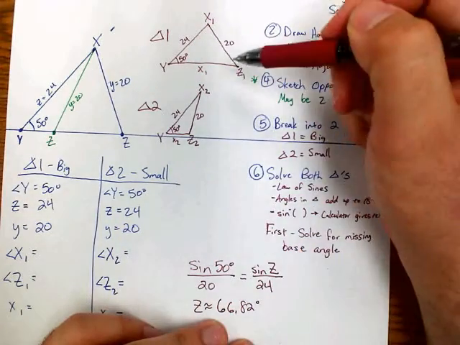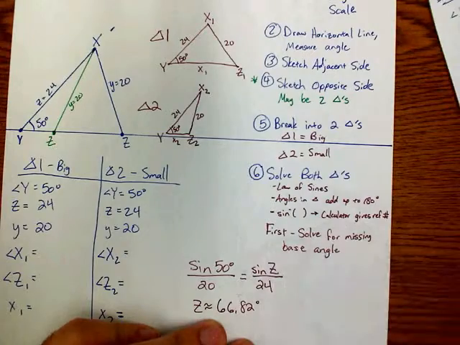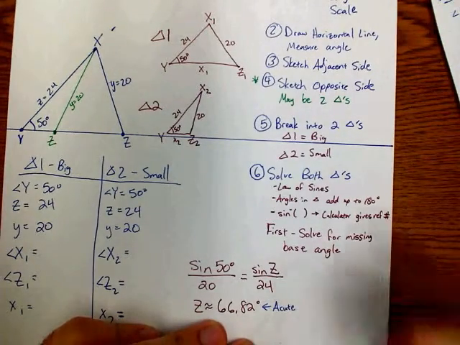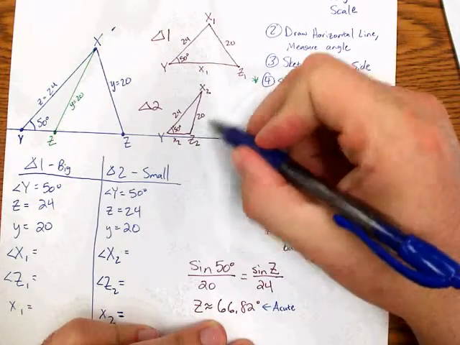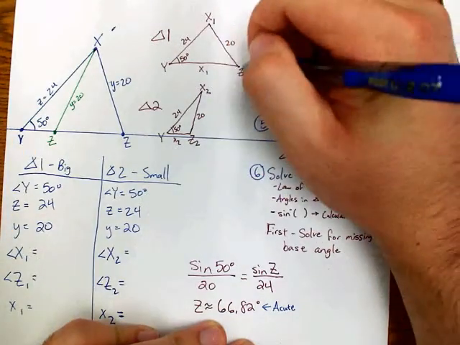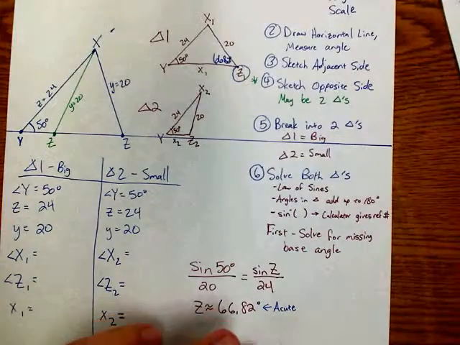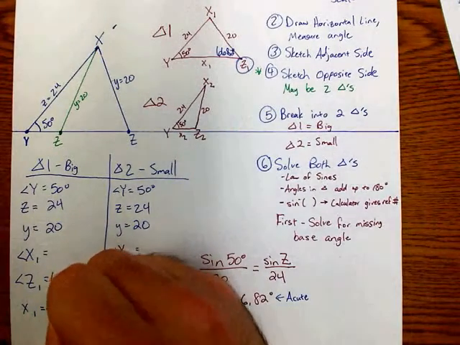Your clue here is that this is an acute angle. It's less than 90, which means if you look at z1 and z2, it's got to be z1. So z1 is 66.82 degrees.